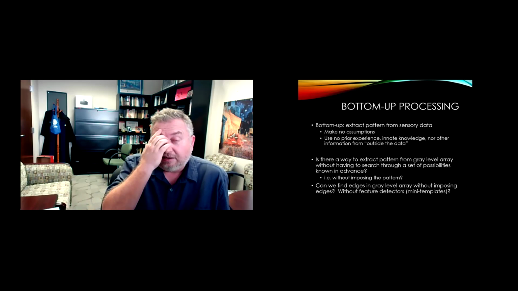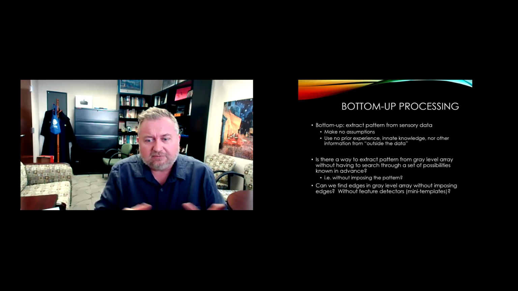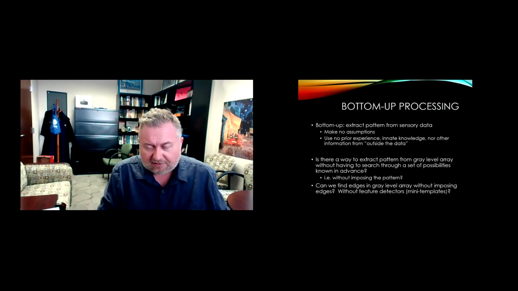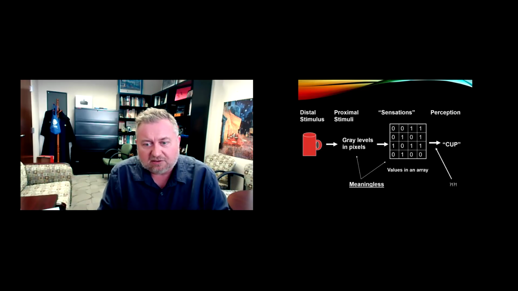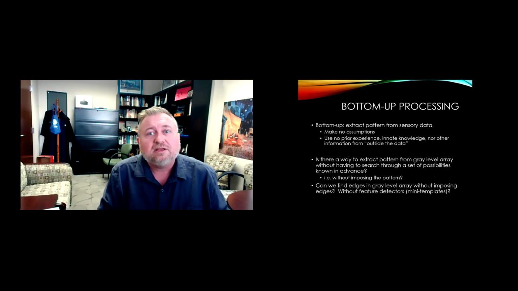How many different kinds of possibilities and combinations do we have here? This is in fact just a 4 by 4, 16 different values. How many different possibilities are there? Well, we have to consult combinatorics and permutations here. We could compute that. I'm not going to bother with that.